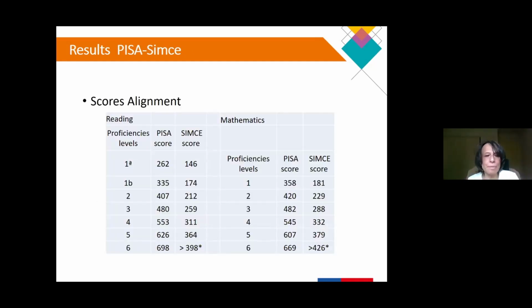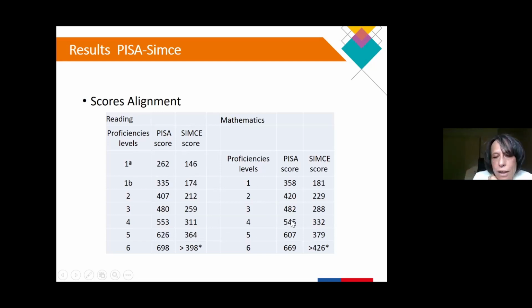Well, in the PISA SIMCE score alignment, we made it in reading and mathematics because we use two cohorts, and we could determine how PISA scores correspond to a SIMCE score in reading and mathematics, and we could match the proficiency levels in our SIMCE score.